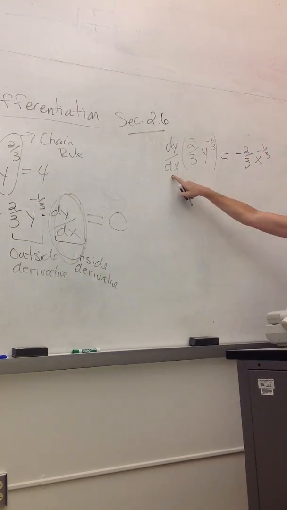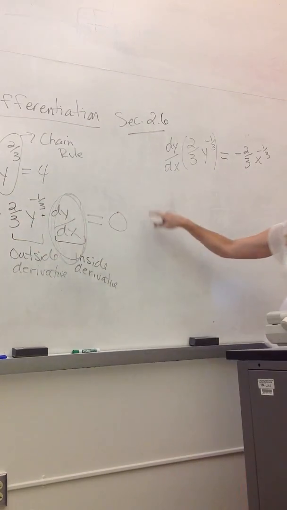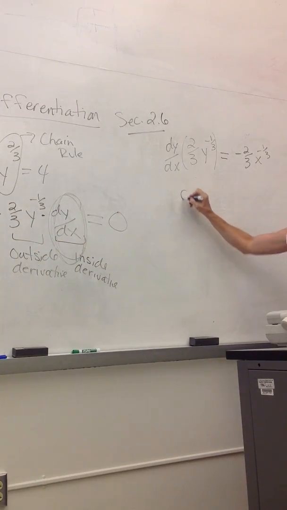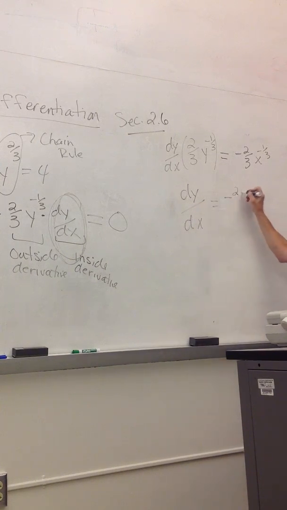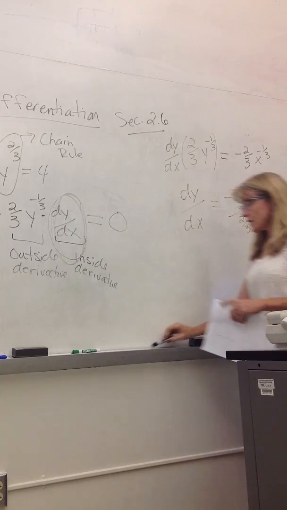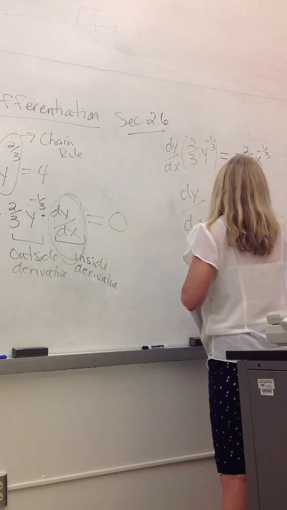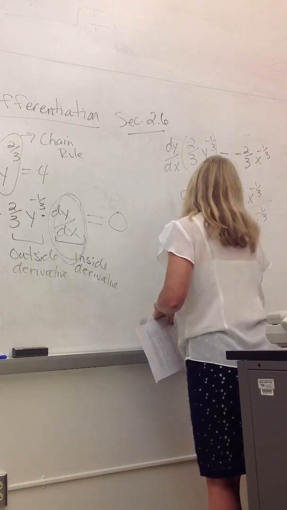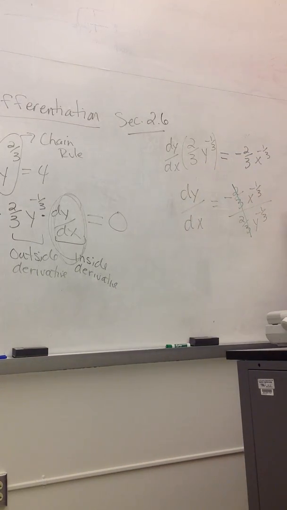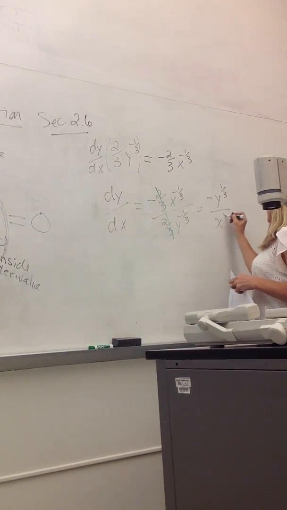I'm trying to solve for this, so I moved this over, and then I'm going to divide by that. Cancel, and the negative exponents, we might as well flip them, so we might as well rewrite this as that.